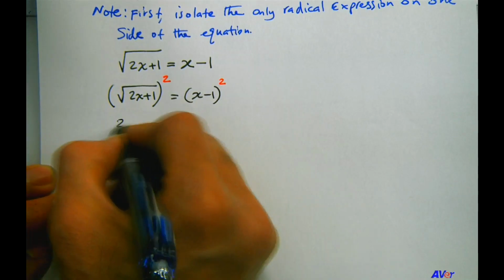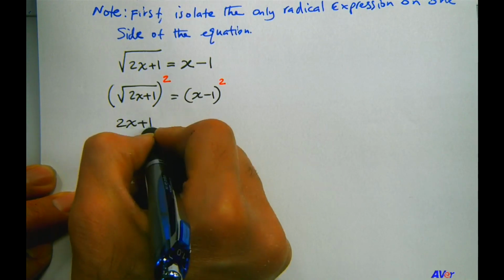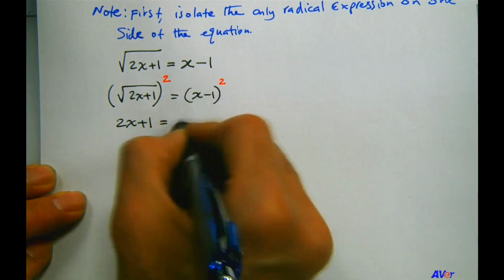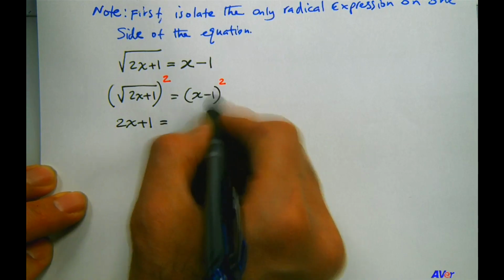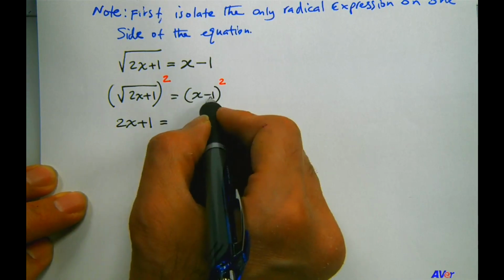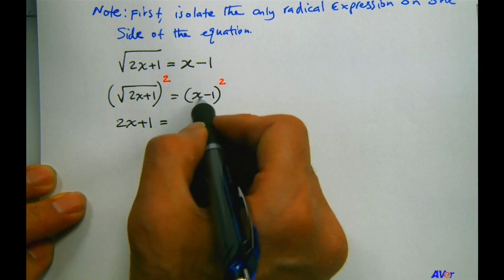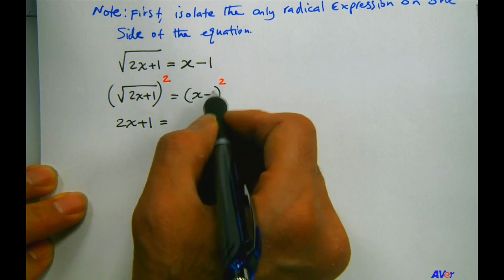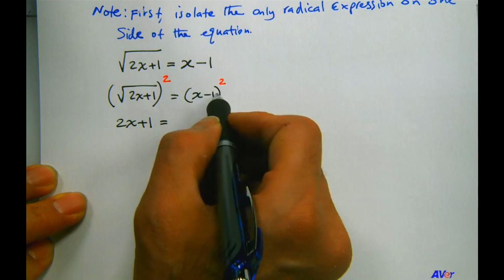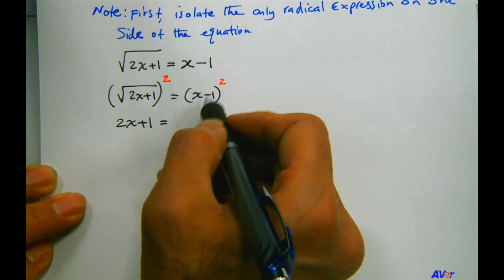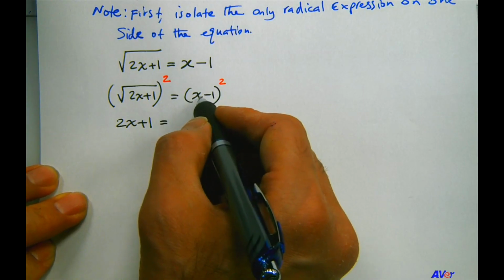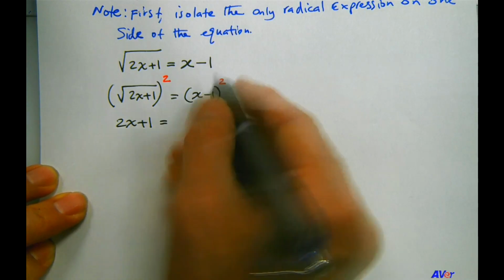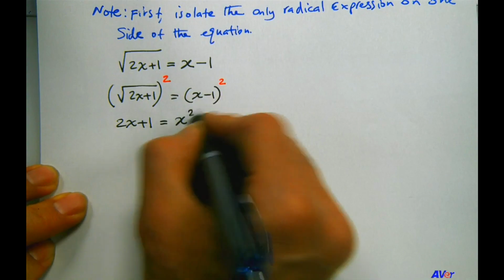So we get 2x plus 1 equals that. Let's expand that, because again, we have parentheses around that, and that's not going to let us solve for x. You can either FOIL it or use the special product formulas that we talked about in the last class. I'm going to do that because it's quicker and easier.